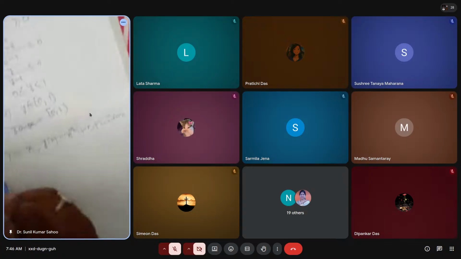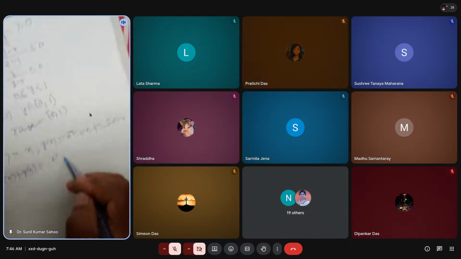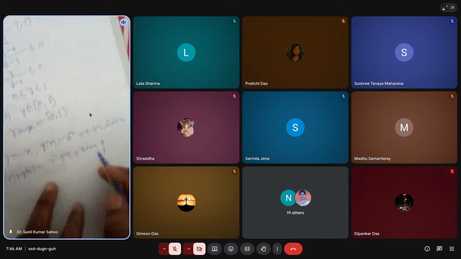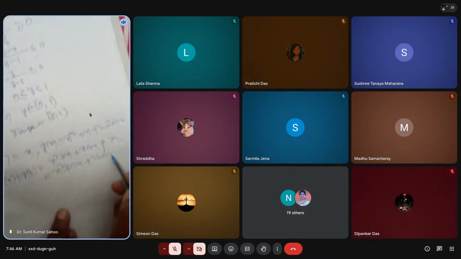Then f(x) plus g(x), addition is simple: x square plus x plus 2 sin x, this is g(x), plus f(x), x. So x square plus 2x plus 2 sin x, right?